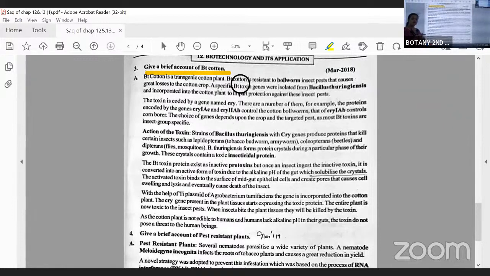So it became now the bacterial resistant cotton plant. So BT means bacterial resistant.